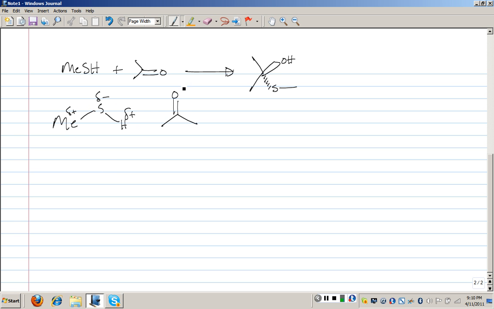What about the carbonyl? Well, there's certainly lone pairs of electrons in the O that will confer nucleophilicity to the oxygen. There's a pi pair of electrons here, but I would defer to the lone pair of electrons because lone pairs of electrons are more nucleophilic than pi pairs. So the nucleophile in this system will be the O, and of course the carbonyl carbon will be delta plus.